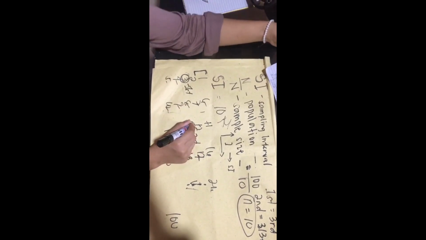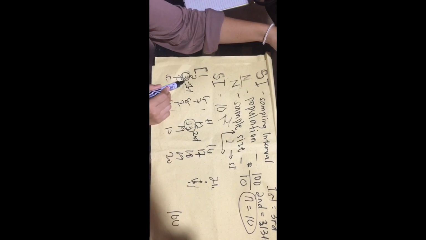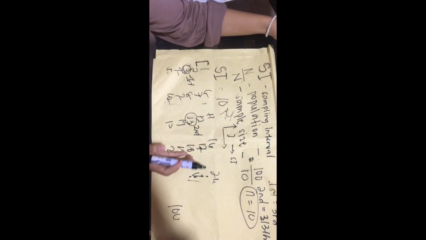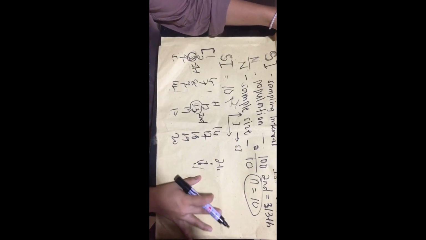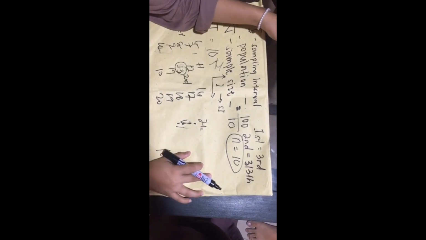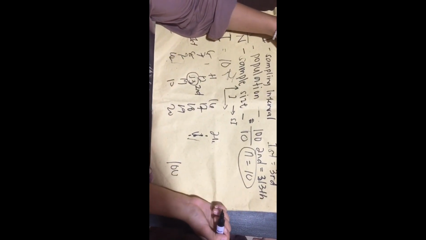So your second sample will be 13. Your first sample is the third in the list of your population, your second sample will be the 13th in the list of your population, and you do the same until you get your 10 desired samples.